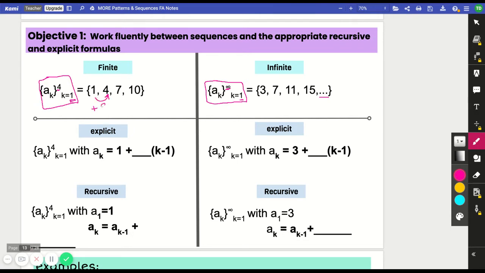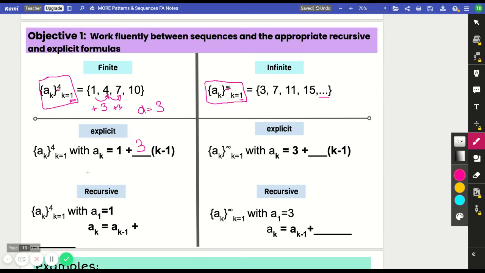We are adding 3, and we add 3, and so on. So our common difference is going to be 3 here. So that's what we put in this blank. 3 times k minus 1. You can replace the k with n to make it much simpler, because that's what we've been using anyway.